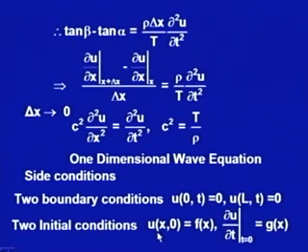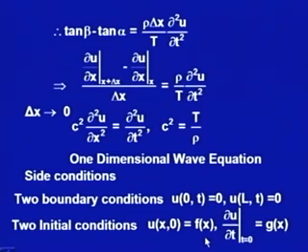One is, originally at time t equal to 0, what is the shape of the string, because the deflection will depend upon that. Initially, let us say the shape of the string is f x, and how it would accelerate depends upon the initial velocity. Velocity means the derivative with respect to t at the initial point t equal to 0, let us say this is g x.